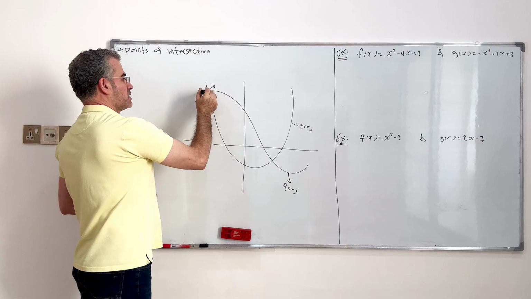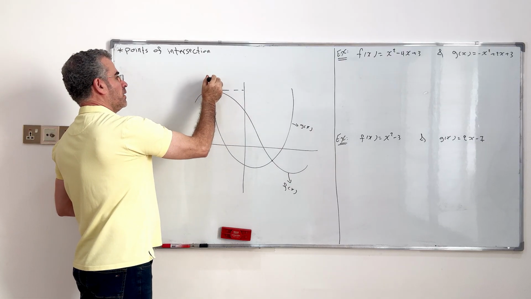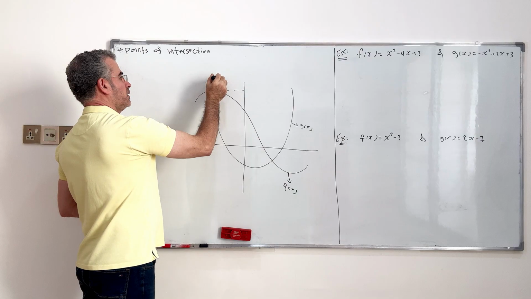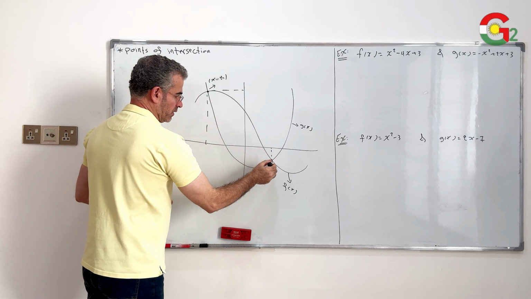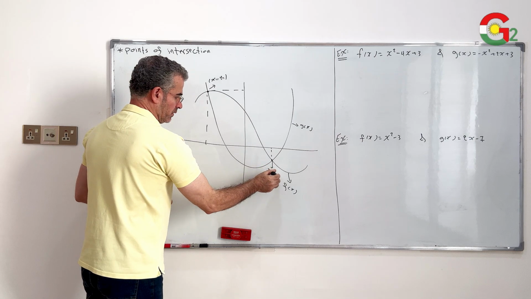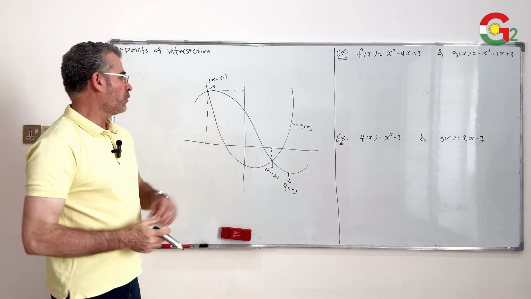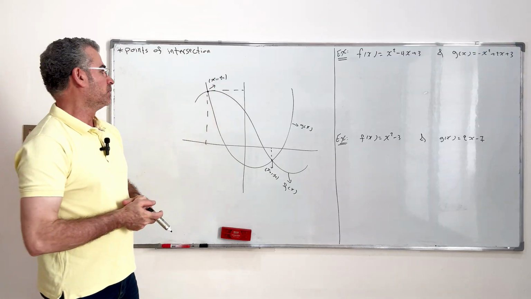Let us call this point x1, y1. Let us call this point x2, y2. How can we find the coordinates of the point of intersection?